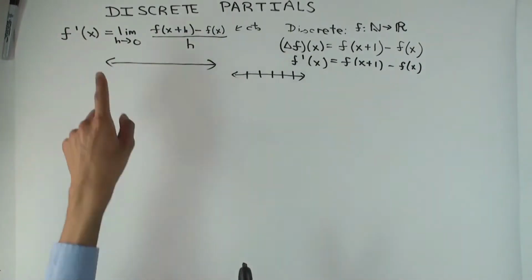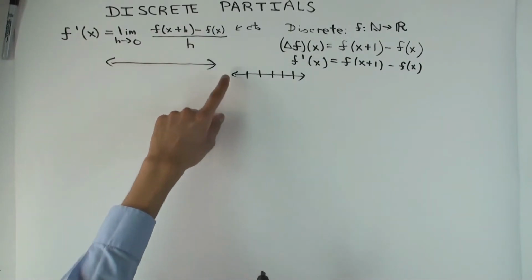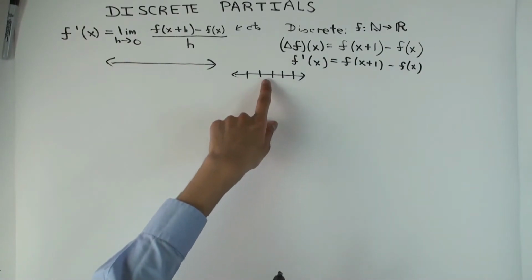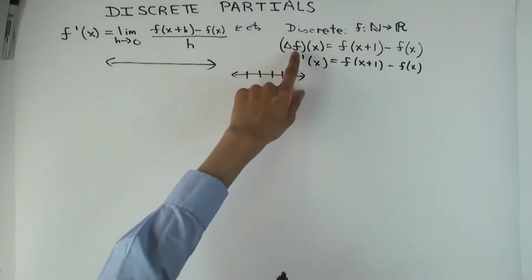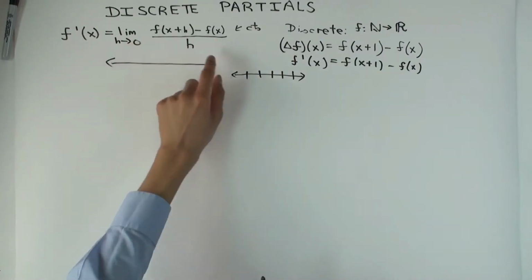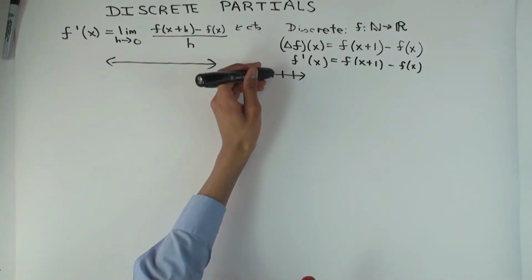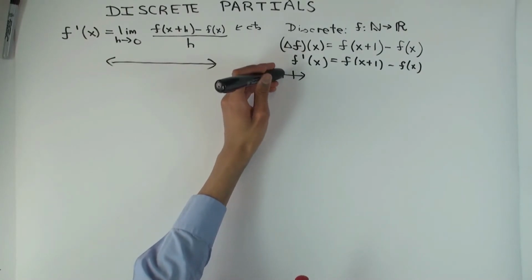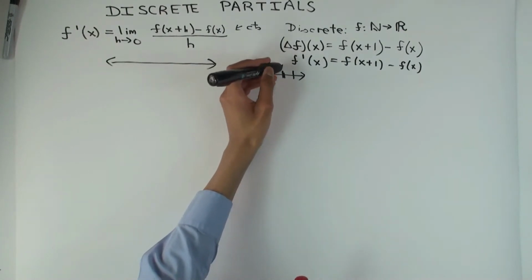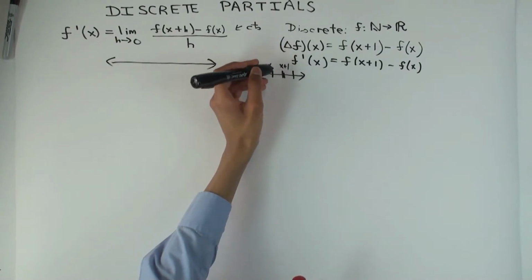Now, this is a function of a continuous variable. If your function is a function of positive integers, then it doesn't really make sense to take a limit, because if your x is here, there isn't anything close to x. However, the closest you can get to the right of x is x plus 1.